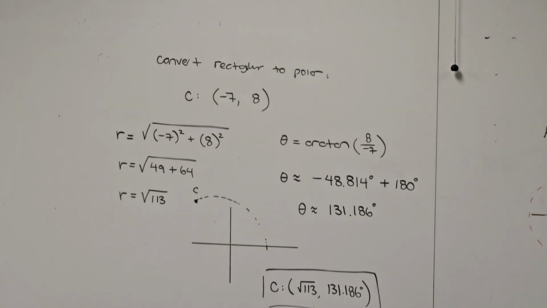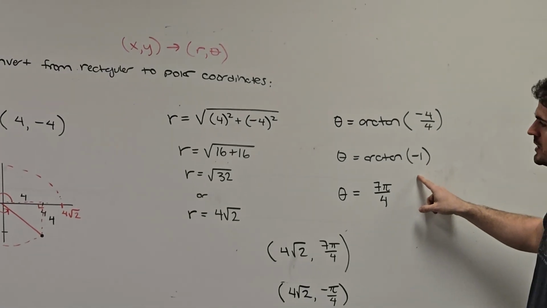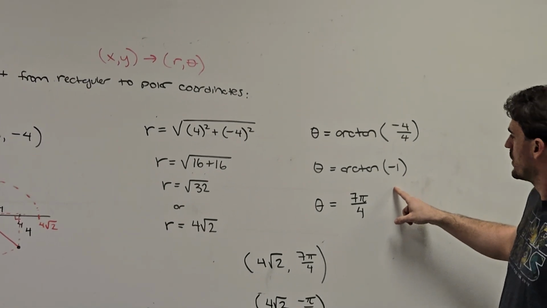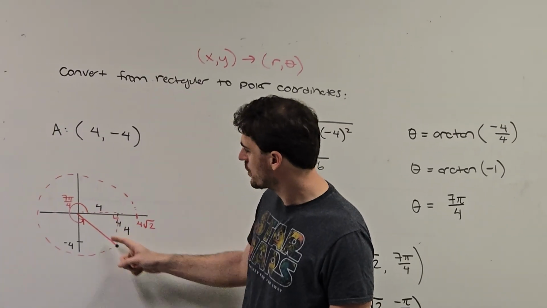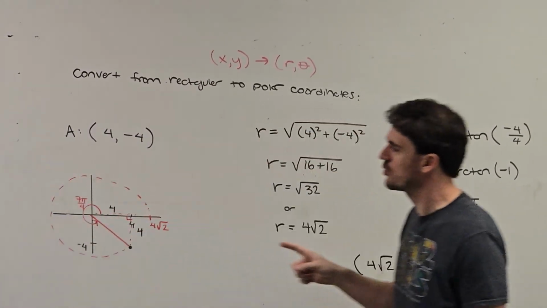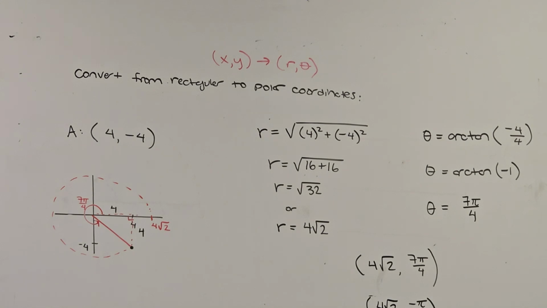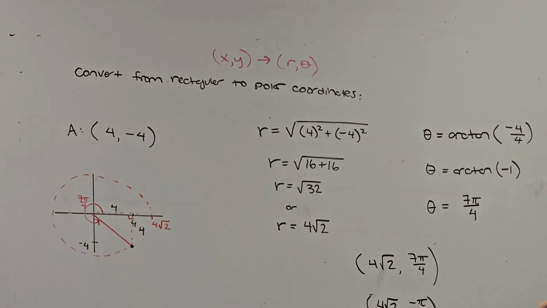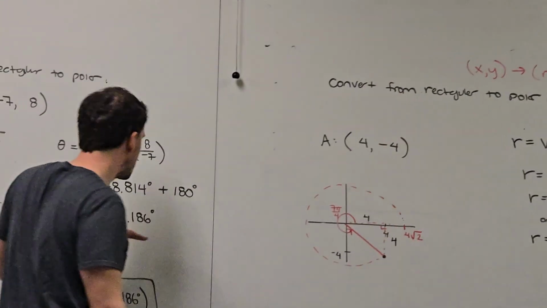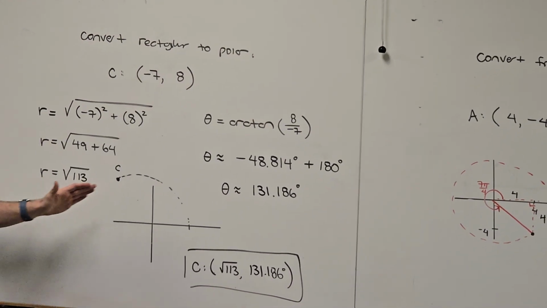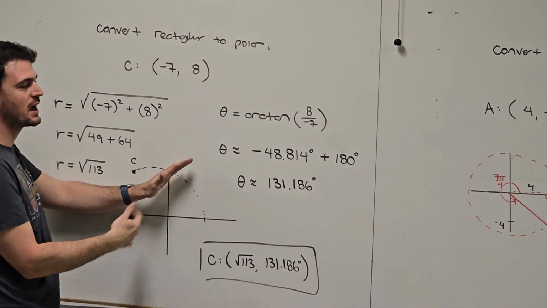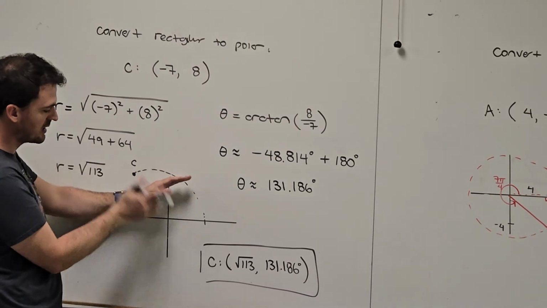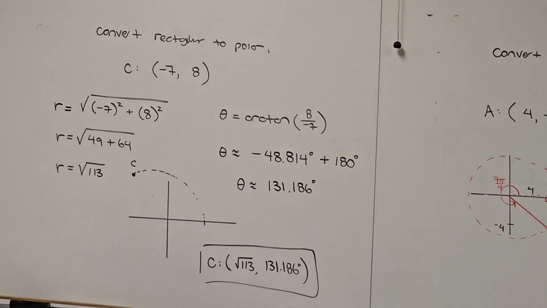We saw this both times already. When we saw arctangent as -1, we did get two different answers. We got the answer in the fourth quadrant and the answer in the second quadrant. Since we're looking at a unit circle, we kind of just pick. But since the calculator is just forced to give us one, the calculator will only give you answers in quadrants 1 and 4. You just have to remember, okay, I need to do that extra step to get the ones in the other quadrants if needed.